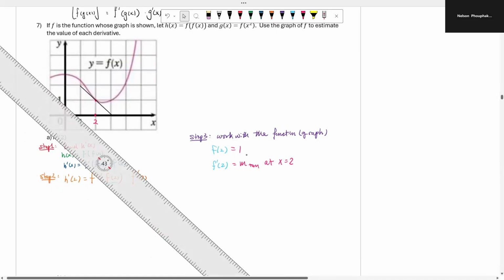To this one, you will see that basically the slope is about -1 in this case.